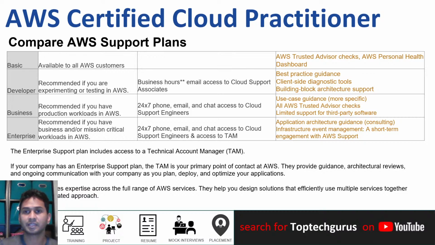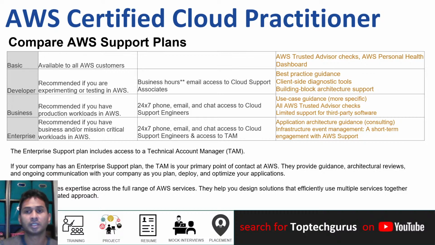AWS also has some help with best practice guidance. They'll give us links to what the best practices are, and they could guide us with that. They also provide client-side diagnostic tools, which you can download and install on your system to help with diagnostics.